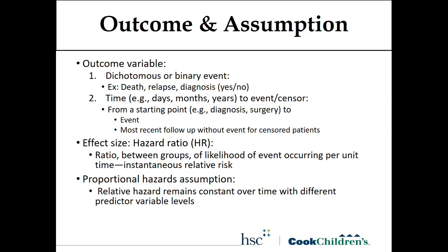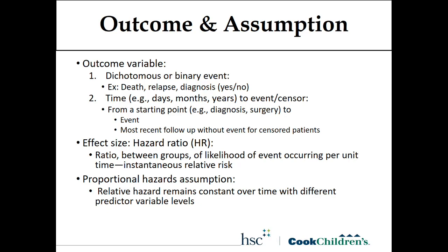And with hazard ratios, or with this assumption, it is the ratio between groups of likelihood of event occurring per unit time, controlling for time, instantaneous relative risk. Think calculus, limit as time approaches 0, it is the instantaneous relative risk, so that no matter where you're looking within that curve, the ratio of your likelihood of henceforth developing hyperglycemia is the same across groups.